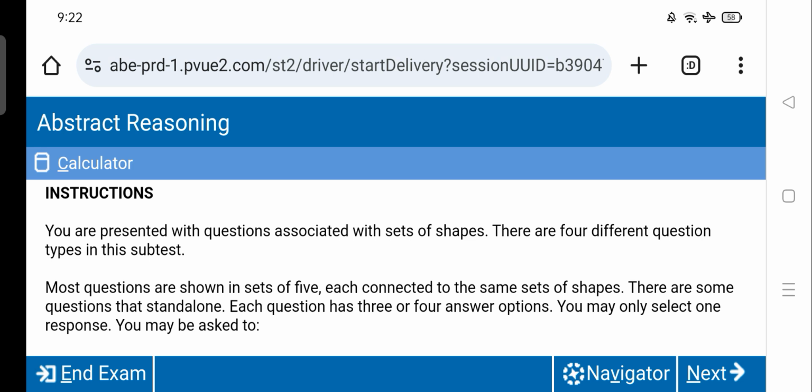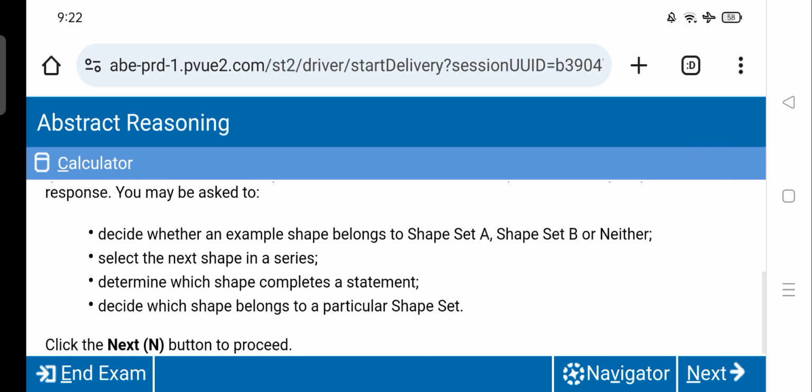Each question has 3 or 4 answer options. You may only select one response. You may be asked to decide whether an example shape belongs to shape set A, shape set B, or neither, select the next shape in a series, or determine which shape completes a statement. You may be asked to decide which shape belongs to a particular shape set.